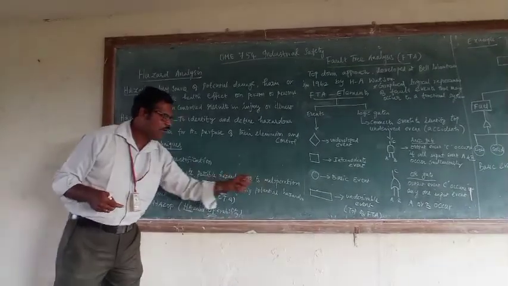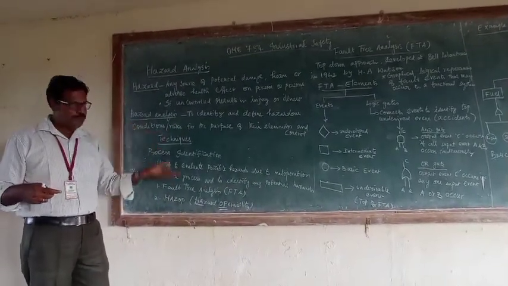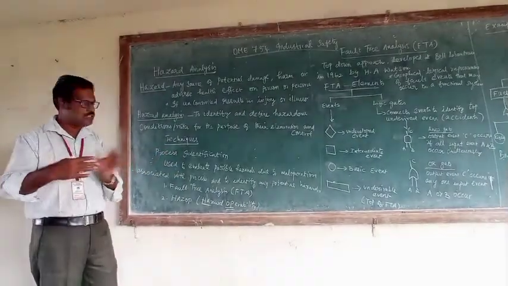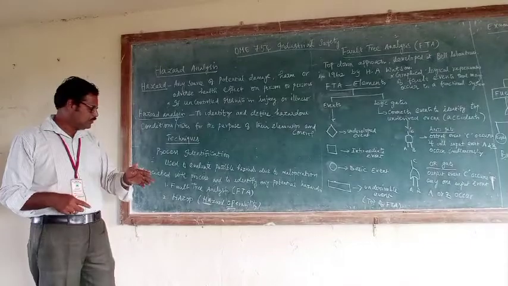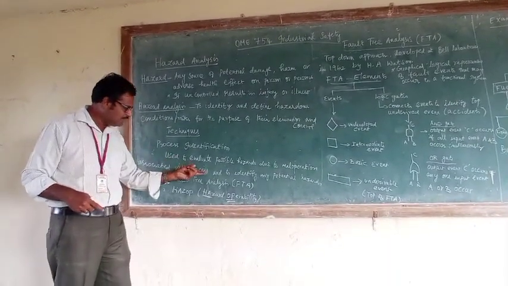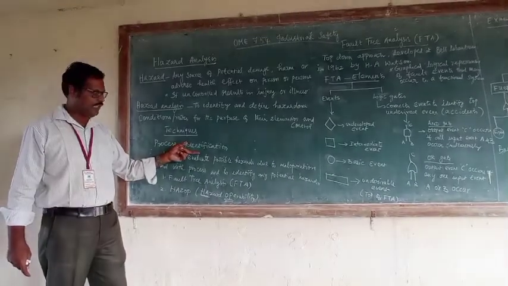It can happen if the equipment fails or the workers are not very skilled, which leads to mal-operation or misoperation. Mainly it is associated with the process, that's why it is called process identification.